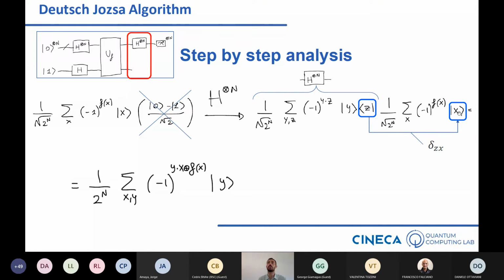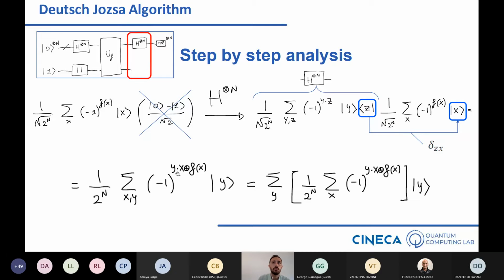You do the scalar product between z and x, and it gives you 1, and also gives you that z becomes equal to x. You can rewrite this in this way. You can then exchange the order of the summations, split the two summations, and write it in this way.